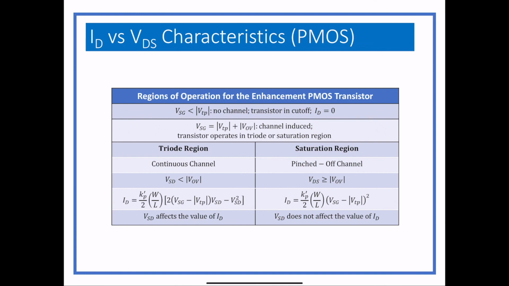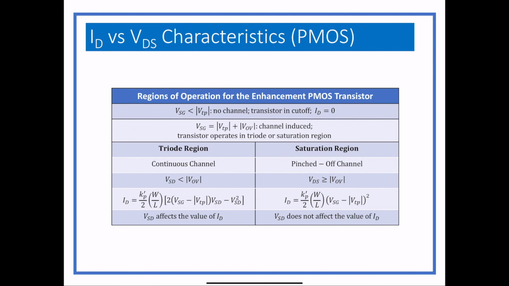The one difference is we have a KP prime instead of KN prime, and then we switch the polarities of the gate to source and the drain to source voltages because they're negative, and then we use the magnitude of both the overdrive voltage and the threshold voltage. We do that so that when it's plotted, it's in the right quadrant.